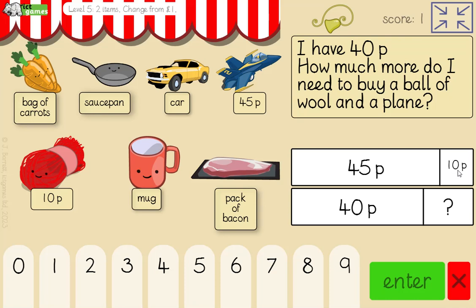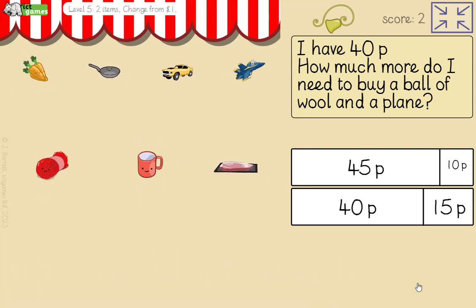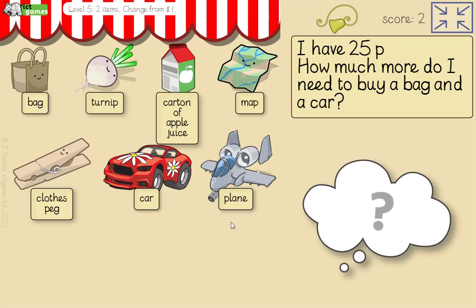So this is a 2-step operation. First I've got to add those together, which is 55p. And then I've got to find the difference between 55 and 40. That's taken away. 55 take away 40 is 15. Press enter. And it keeps going like that.